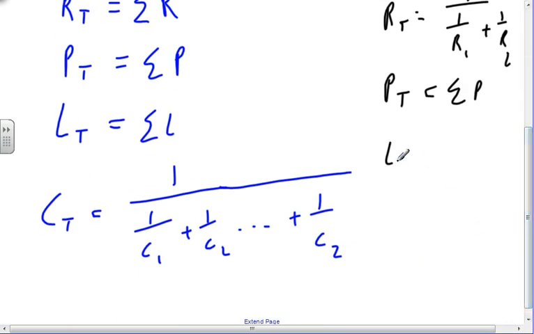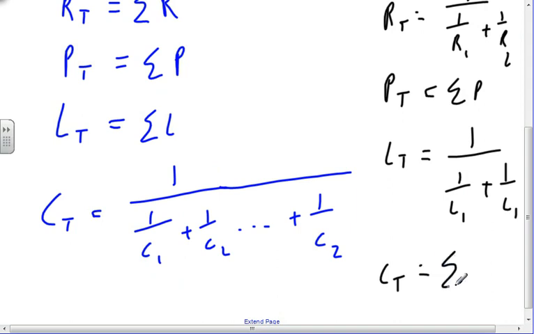The inductive total is 1 over the inductance. And the capacitance total is the summation of the capacitances. Now there's a mathematical thing I could do to show that, but I won't bother.